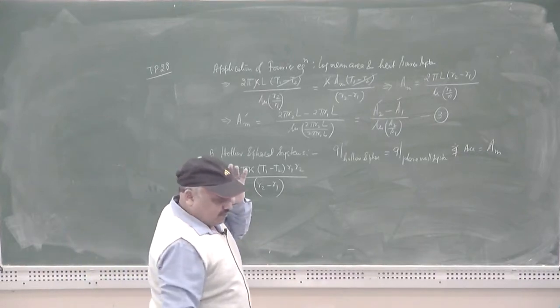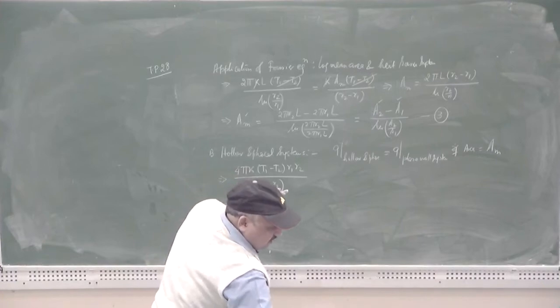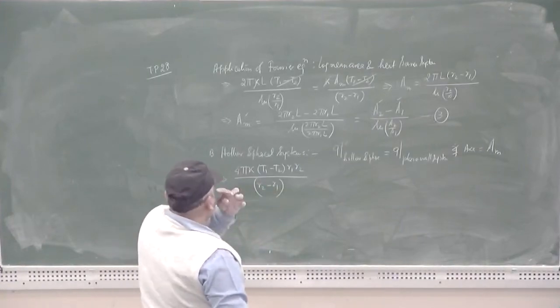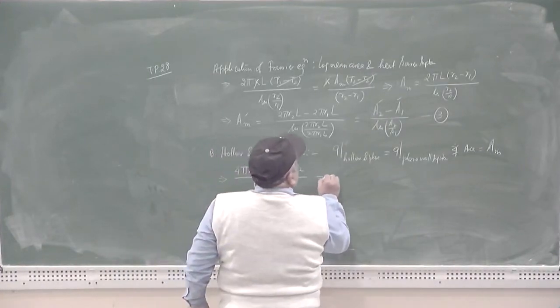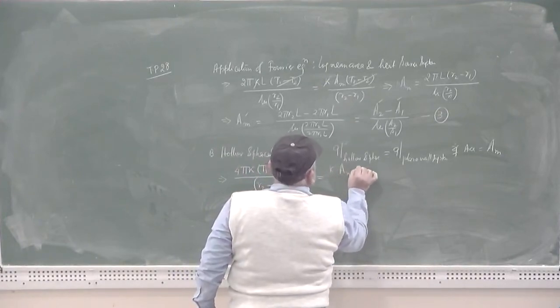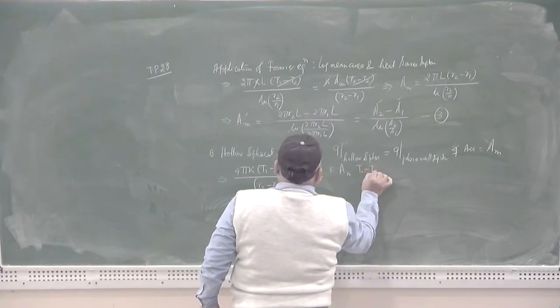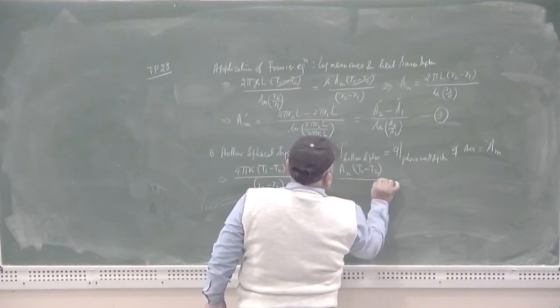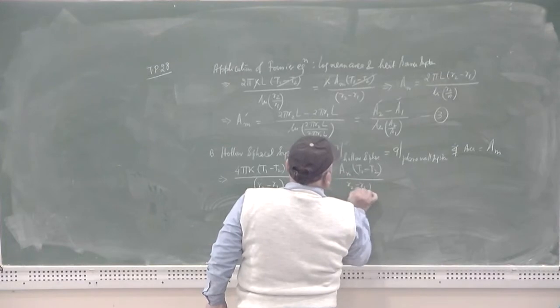So, that is given as 4 pi K (T1 minus T2) R1 R2 divided by R2 minus R1, that should be equal to K AM (T1 minus T2) divided by R2 minus R1.